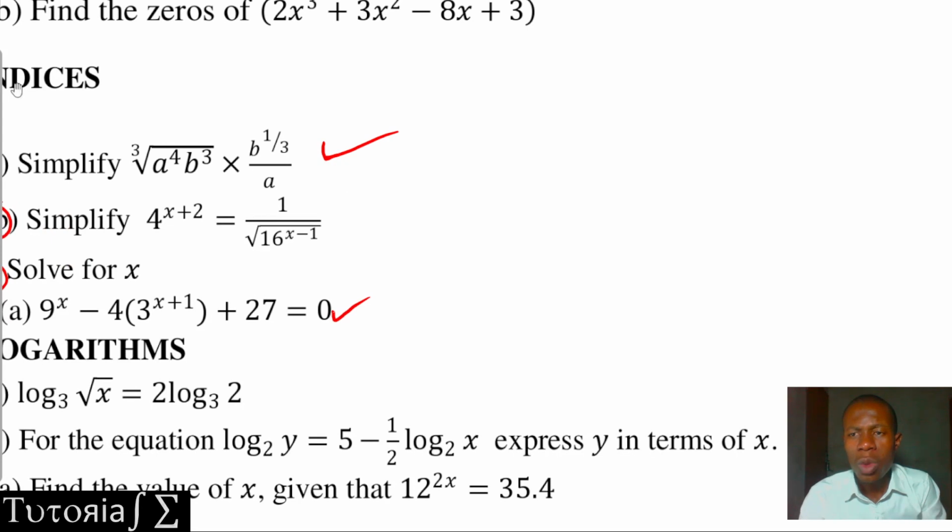So now for this one, we are asked to simplify. So here, basically remember what we said. We said 1 over something is just the inverse of that.